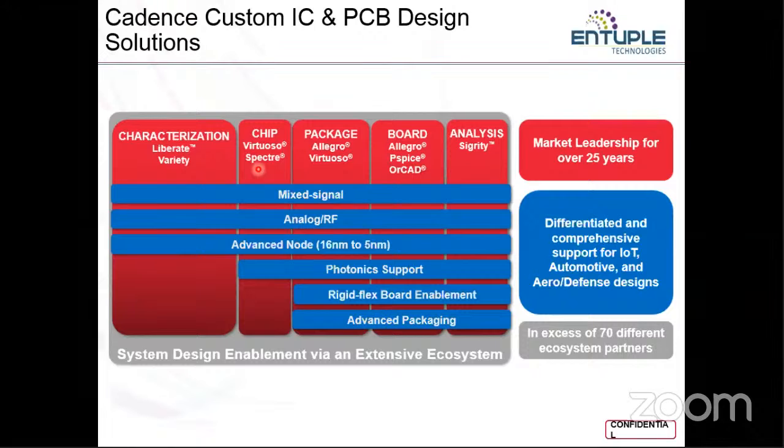Once you are done with these two steps, you will be moving into the layout part, the physical representation of the design. Then you'll be moving into the verification aspects, for which we have PVS as well as Ashura.